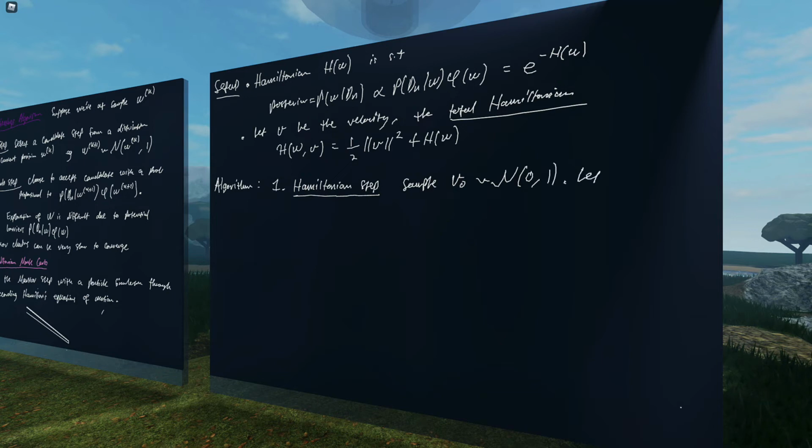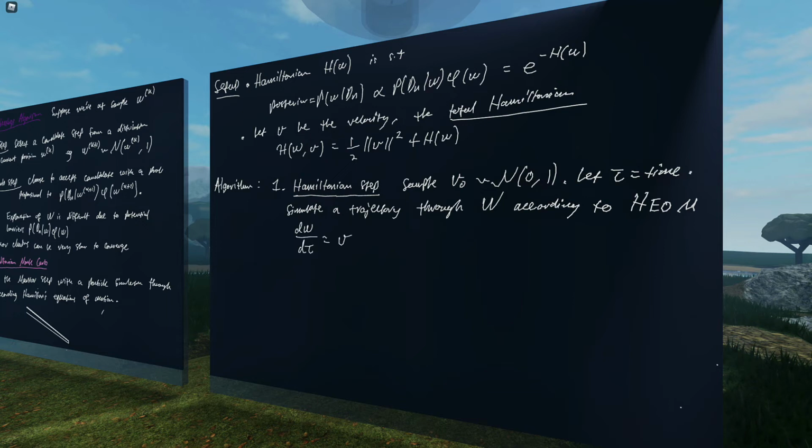We let tau denote the time in the Hamilton's equations, and then we simulate a trajectory through W according to Hamilton's equations of motion, which look like the following. Negative the gradient of the Hamiltonian that we care about.